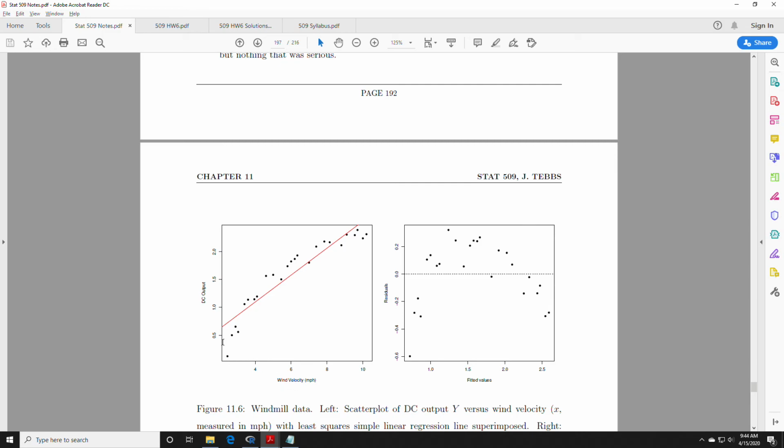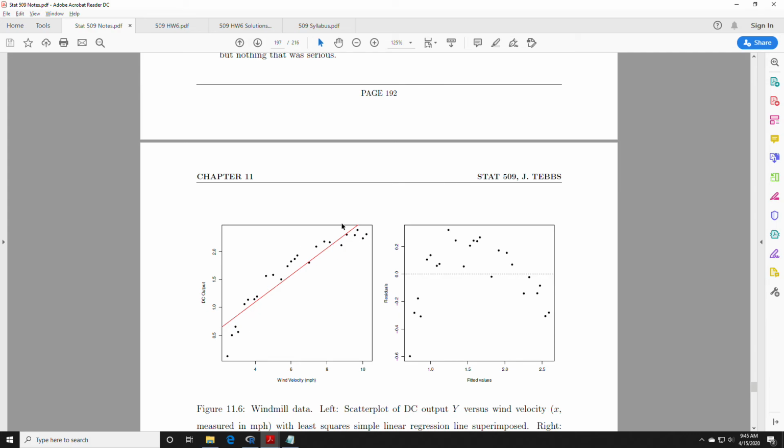Notice how all these points we over predicted, all of these points we under predicted, and then back to here, all these points we over predicted. That's because this is a straight line, but we've got a curve, meaning we don't want a simple linear regression model, we want a slightly more complicated model.